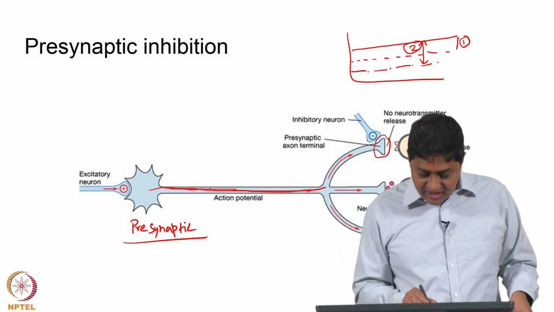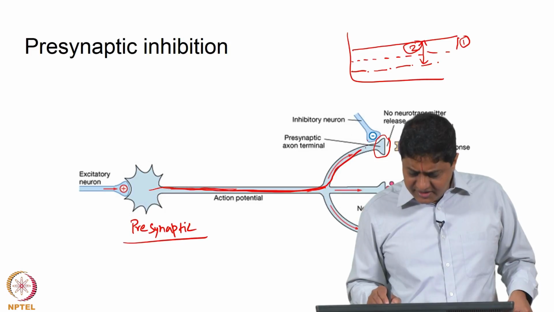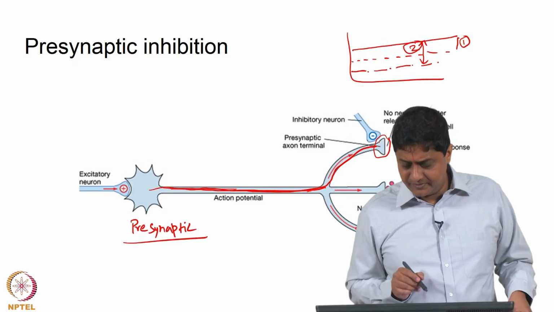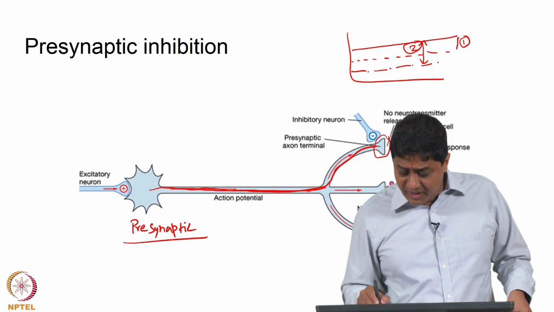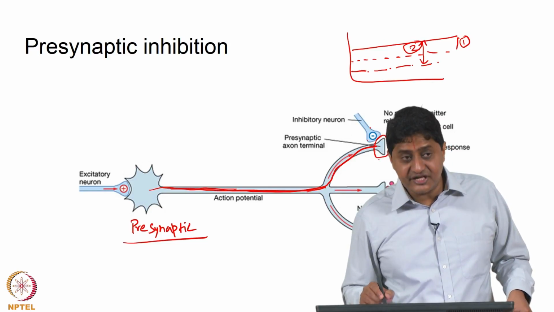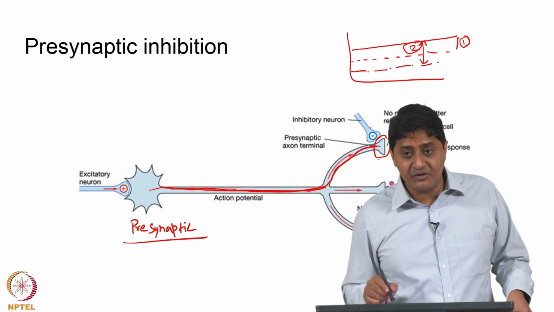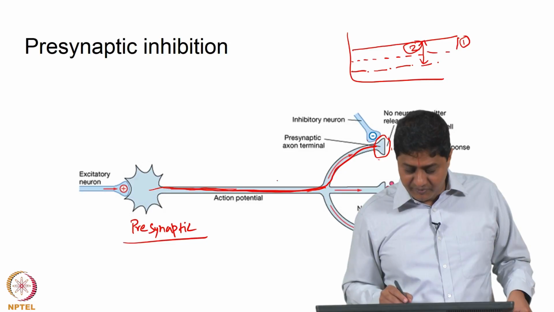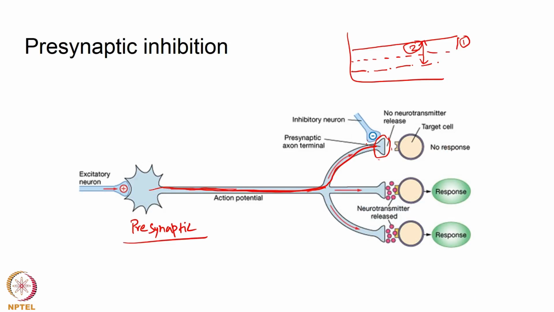So, when an action potential arrives, it reaches this part, the synaptic end bulb. Already this part is excited sufficiently that all the calcium channels are already open. There is not going to be any new calcium channel that is going to open due to the arrival of this action potential. So, because of that, no neurotransmitter will be released.